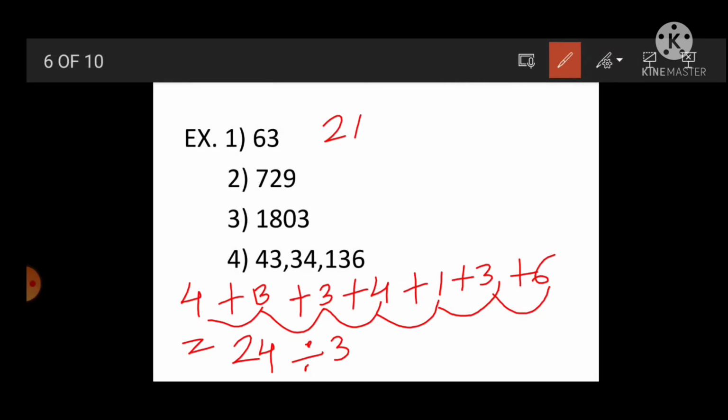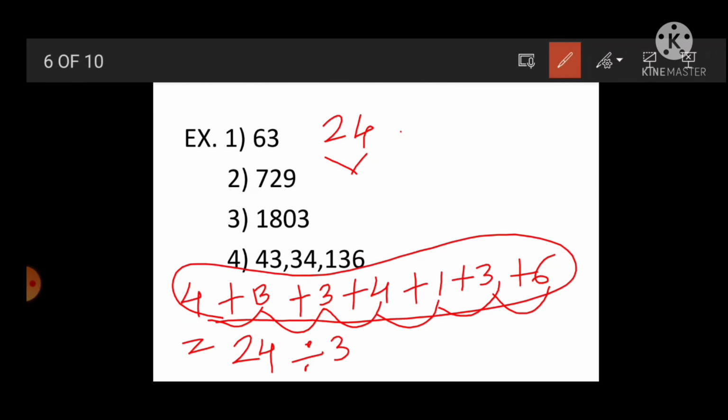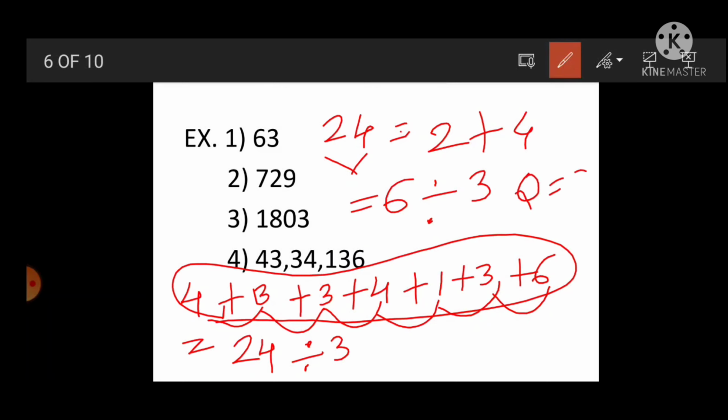Or there is another method, that is, we can still apply the same rule: the answer 24 came from all these digits. Again 2 plus 4 you can add, 2 plus 4 will be 6, and then check divisibility by 3. 3 2s are 6, means the quotient will come 2 and the remainder will be 0, means 6 is divisible by 3.